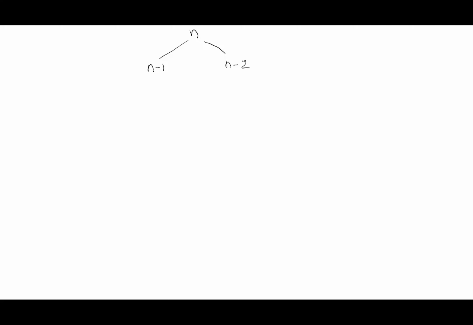So the number of ways to climb n steps, we have introduced 2 ways. We don't know how many more ways will spawn from this, but for now we can say that it's ways of n minus 1 plus ways of n minus 2. So that means we can define it recursively.